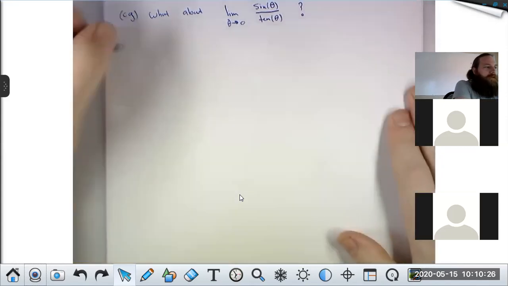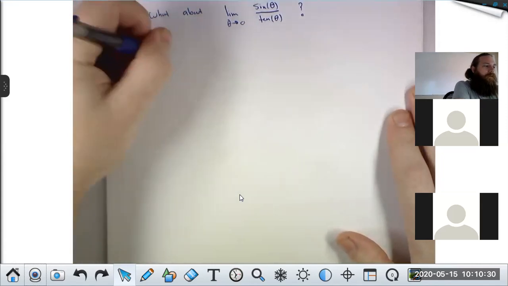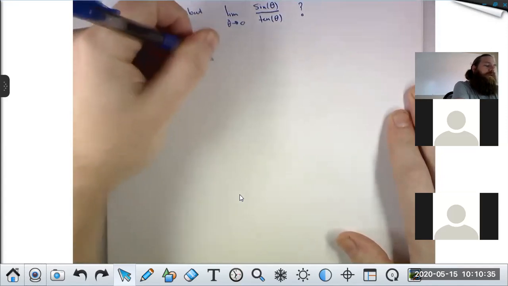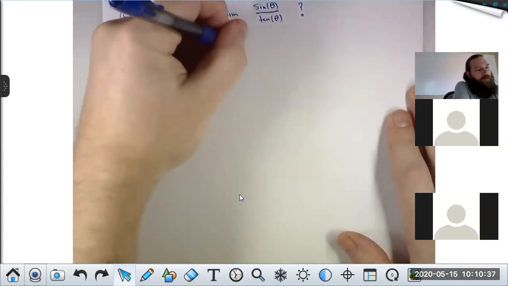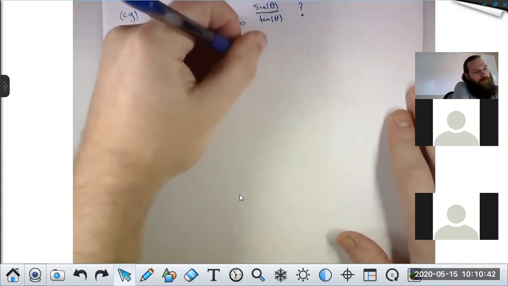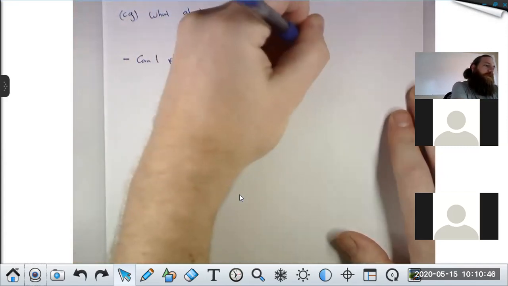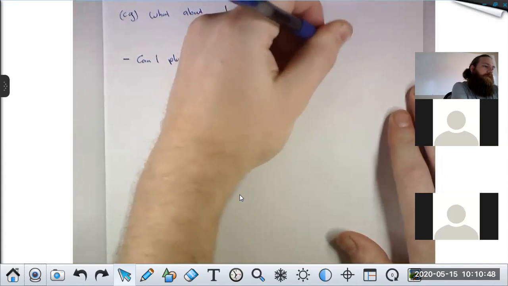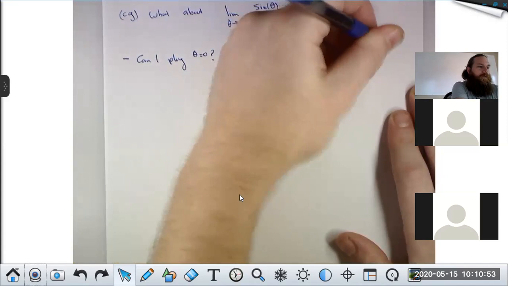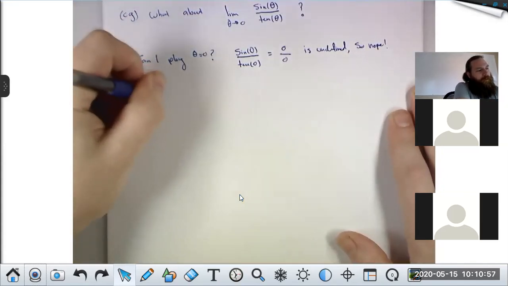First thing we should always ask is, can I just plug in theta equals 0? But we run into the same issue here. The sine of 0 over the tangent of 0 is still 0 over 0, which is undefined. So no. Then we think maybe a table.